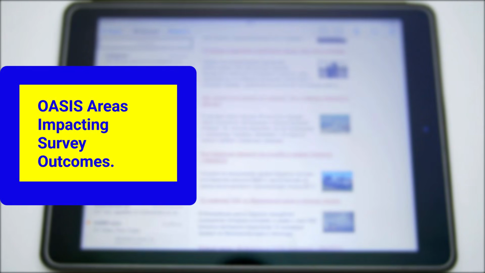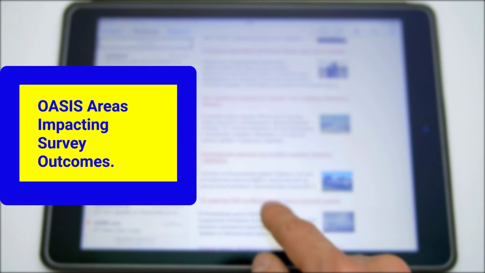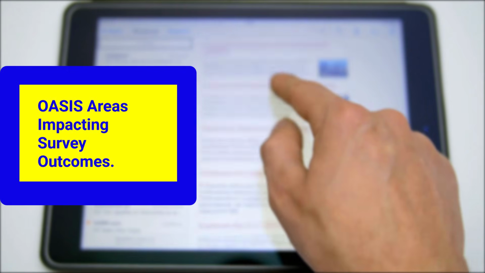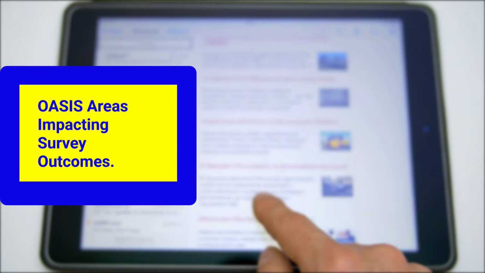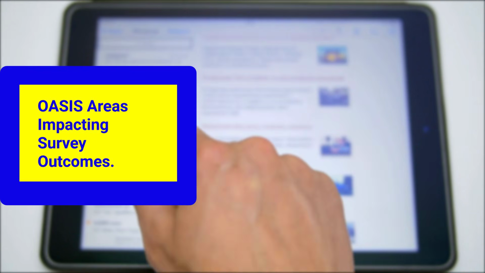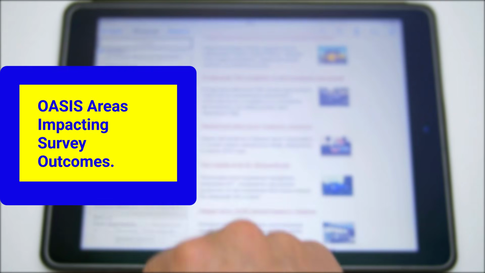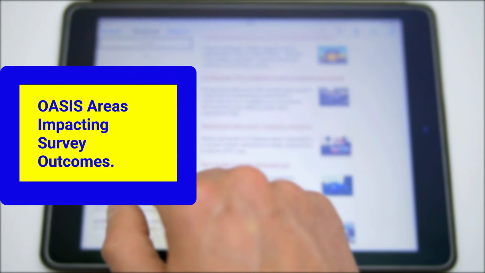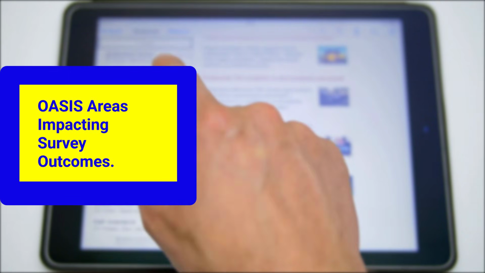Unlike PDGM, which is about reimbursement, survey outcomes are tied to quality measures, compliance, and patient safety. When surveyors review charts, they look for consistency, accuracy, and patient-centeredness in OASIS. These areas deserve extra QA attention because they directly affect survey deficiencies, quality outcomes, and star ratings.